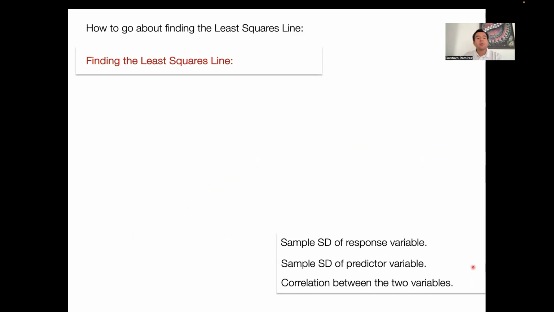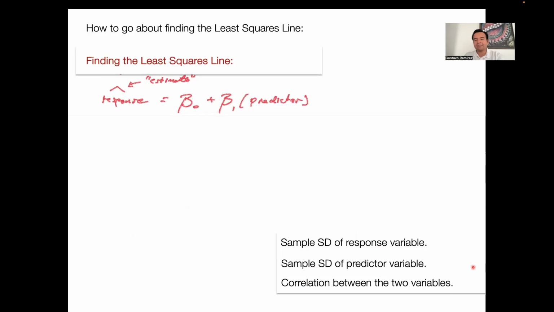All right. So how do we go about fitting this least squares line? Okay. So again, finding the least squares line is as follows. First thing that you've got to do is have your estimate. So that is usually y hat, but in this case, y we know it's the response, so it's response hat equal to beta naught plus beta 1 times your predictor.